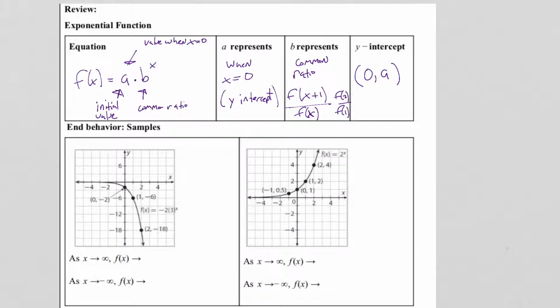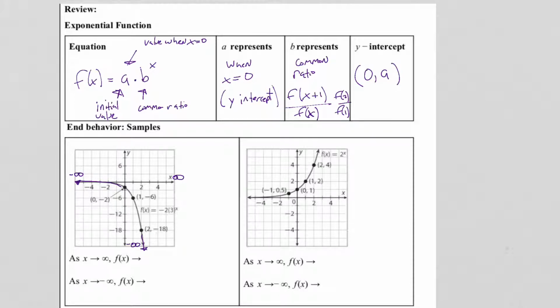And let's take a look now at some of the end behavior samples in our guided notes. So you'll notice that as x approaches negative infinity, y approaches 0, going in this direction. And as x approaches positive infinity, y approaches negative infinity, going down this way.